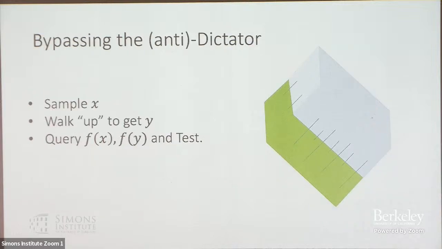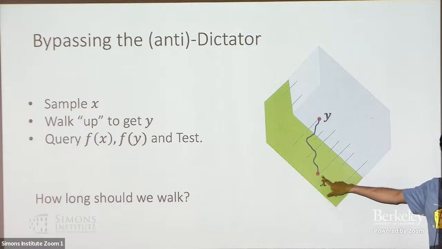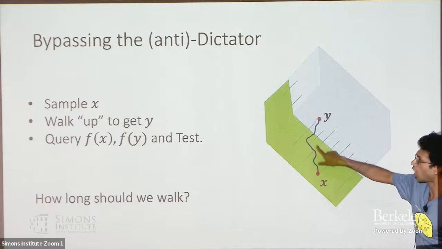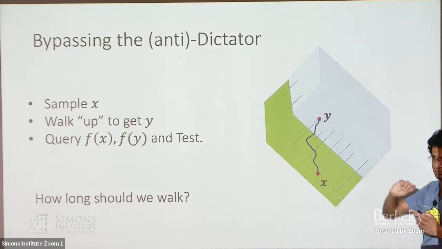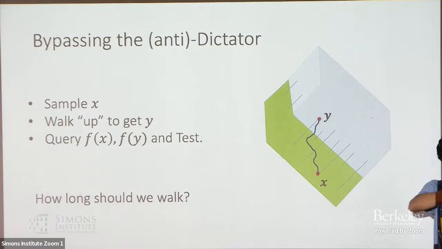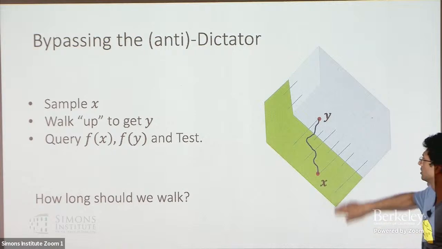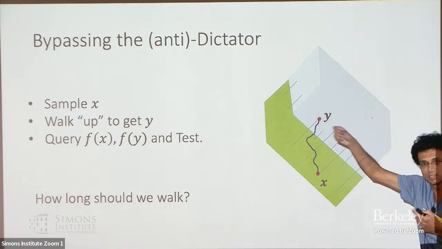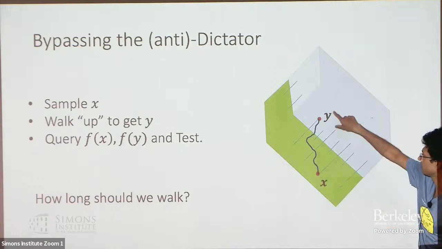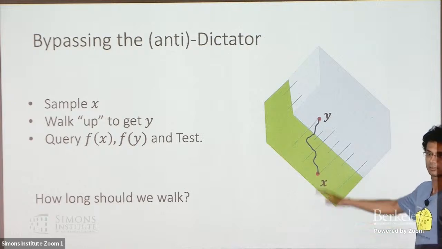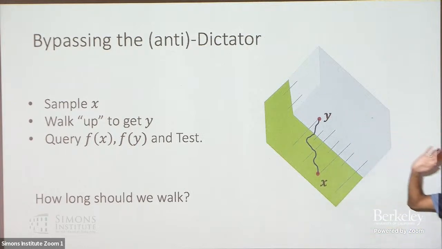Okay, so what you could do is sample some x. You could do a long random walk, but upwards: start at a point, keep flipping bits, flipping zeros to ones, query y, and then check. What is the probability that you start from here and end up over there? The question is, how long should we walk?